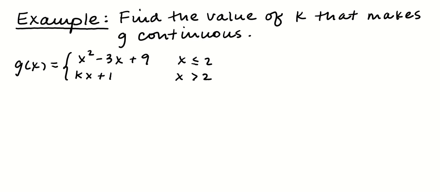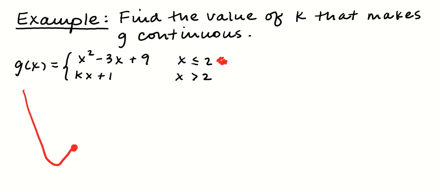Next, I've got this example, and this is honestly probably the most typical continuity question from AP Calculus. It's like find the value of k that makes the piecewise defined function continuous. Over here where it says it's a quadratic for x is less than or equal to 2, maybe I'll draw a sketch of that in red. It is going to go up a little bit because of where the vertex is, but that's a very approximate parabola.